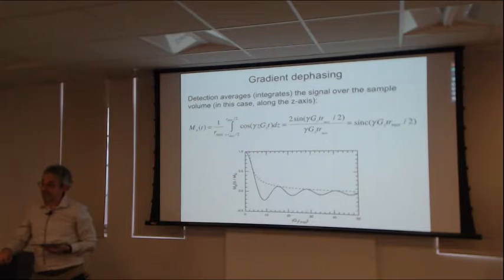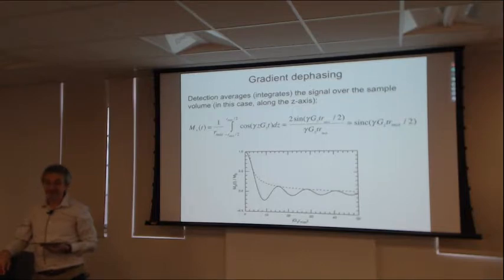For example, zero quantum coherence, I1 plus, I2 minus. If those are both hydrogens, they both have the same gamma, and that means their frequency difference is only the frequency difference of their chemical shifts.